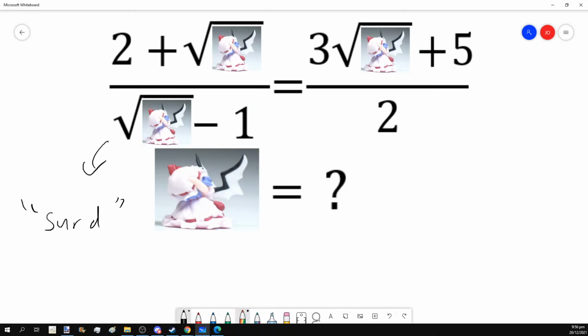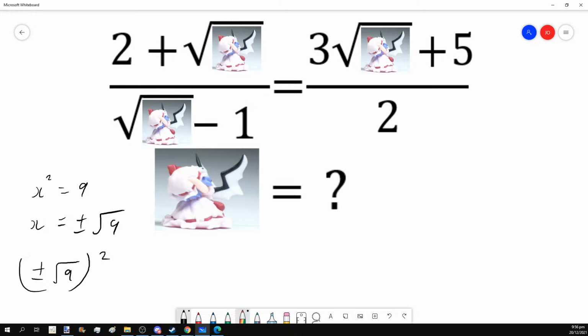S-U-R-D, surd. Right? Of course, we already know a few basics. For example, whenever you take a square root, it is necessary to add a plus minus. And we also recognize that the square root can be undone with a square.